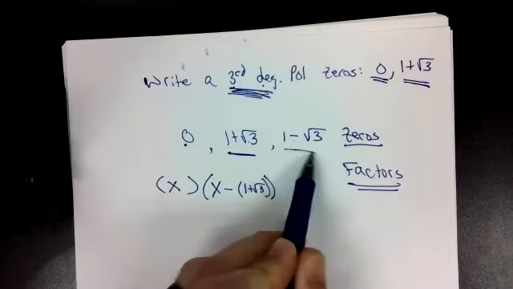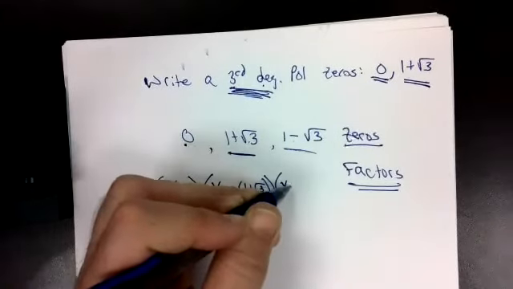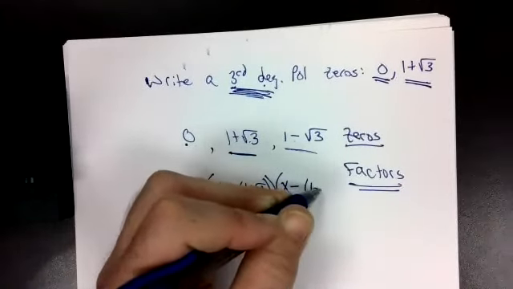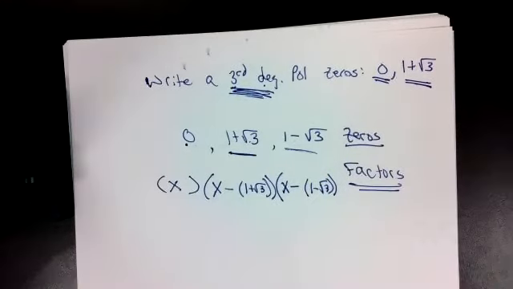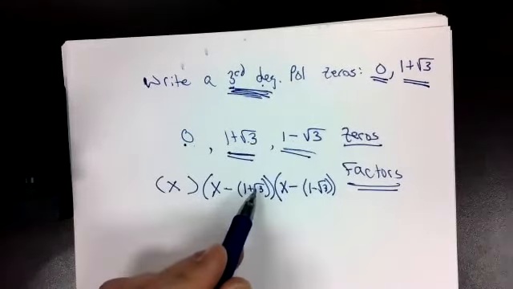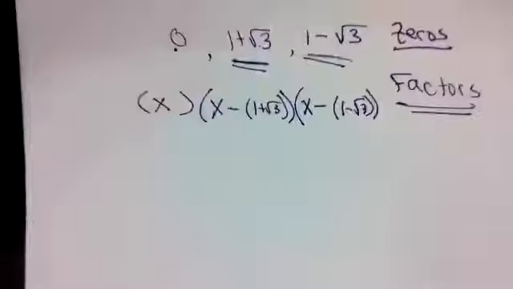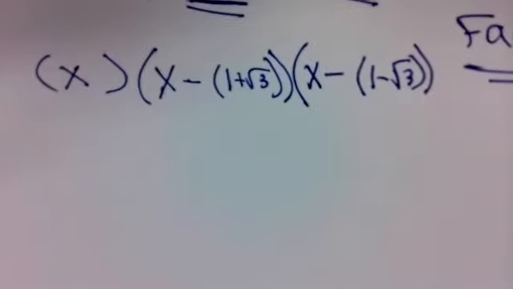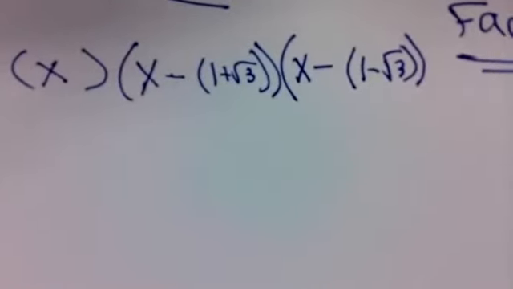And same, if 1 minus root 3 is a 0, then x minus 1 minus root 3 is my factor. So again, whatever your 0 is, x minus that. So I had to write it kind of small, and I don't know if you can see that very well. So x minus 1 plus root 3, and then x minus 1 minus root 3.